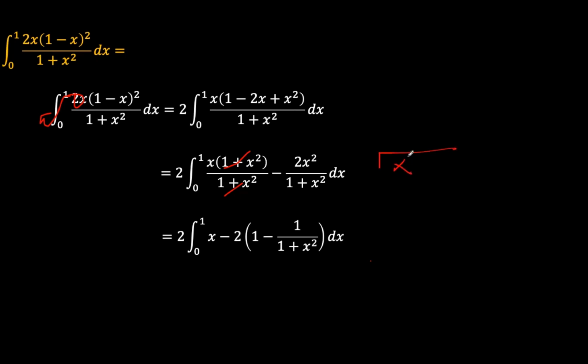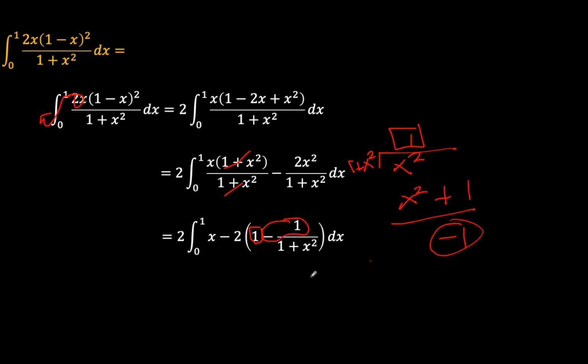We just do this: 1 plus x squared here, multiplied by 1, we have x squared plus 1. Subtracted, we have negative 1. So this 1 here is what we have here, and then this negative 1 here is what we have here.